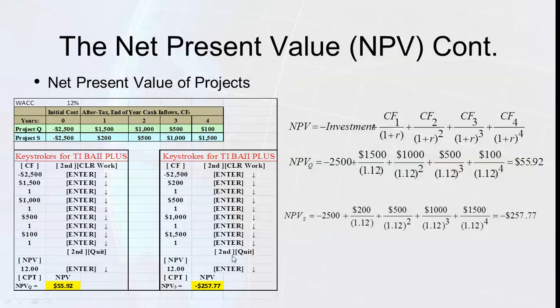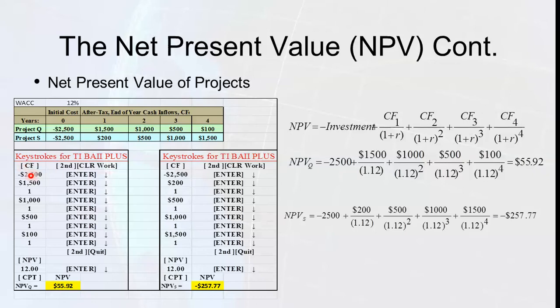Okay, now let's use the financial calculator. This is basically the TI BA II Plus financial calculator, and these are uneven cash flows. So we're going to be using the cash flow worksheet. Press second and clear work. That's going to clear the whole cash flow worksheet.